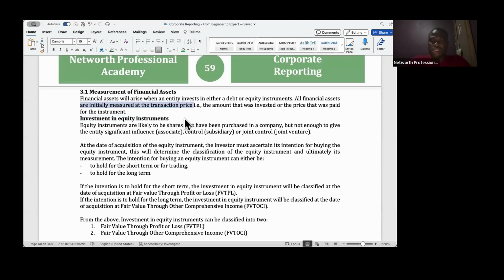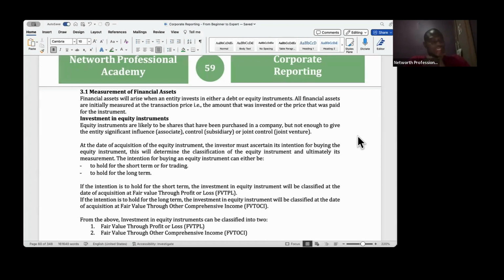So if you buy shares of 10,000 naira, put it in your books at 10,000 naira. Maybe you bought 5,000 units of shares at 2 naira each, so in your books you will have invested 10,000. That's the transaction price. So when you buy shares, they are initially measured at the transaction price.